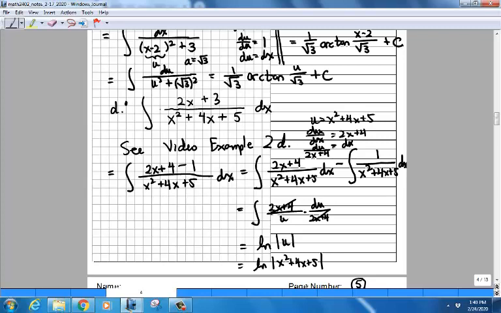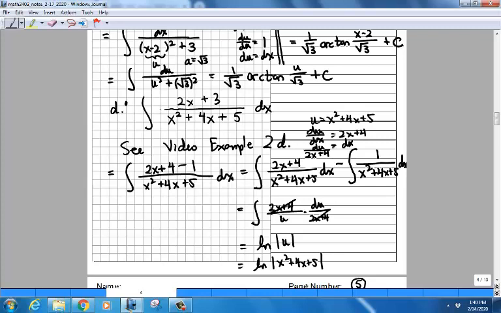Well, dx equals du. You didn't write the dx right here.